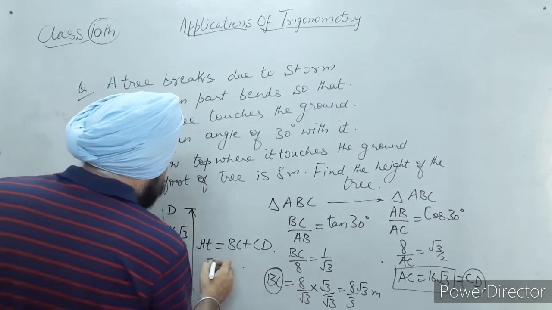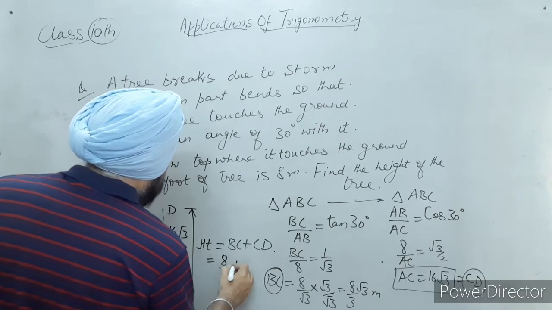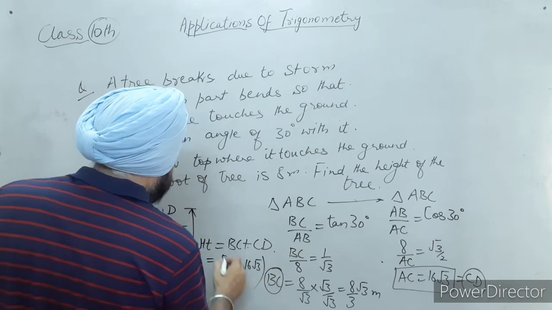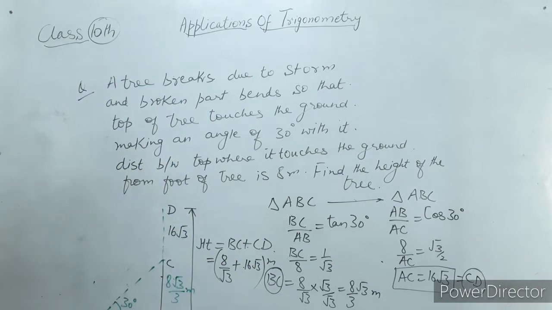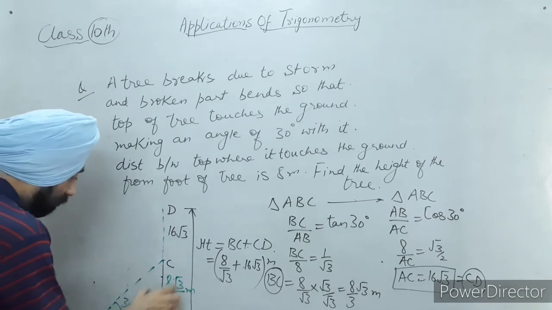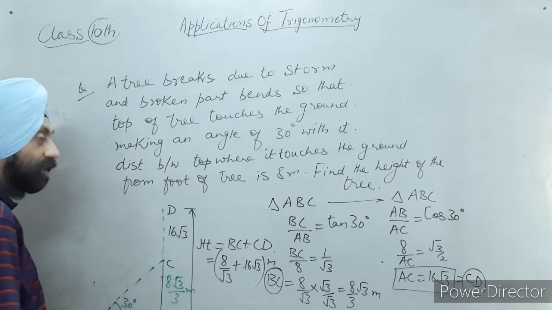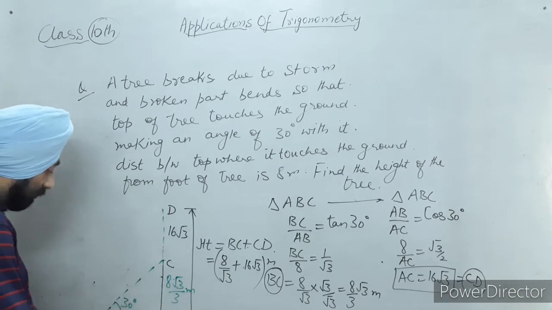What is BC? BC is 8 by under root 3 plus what is CD? 16 under root 3. This is my answer. I can use Pythagoras theorem to find this, but I can use trigonometric ratios, the relation between the sides and the angle.